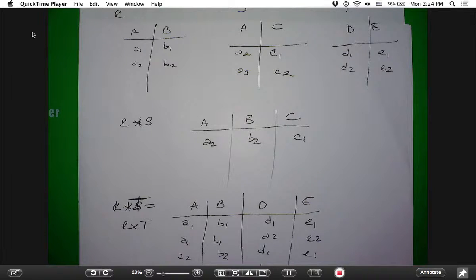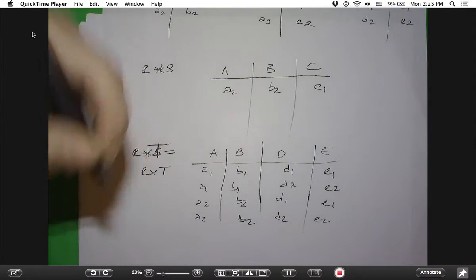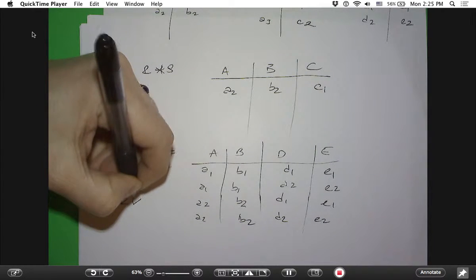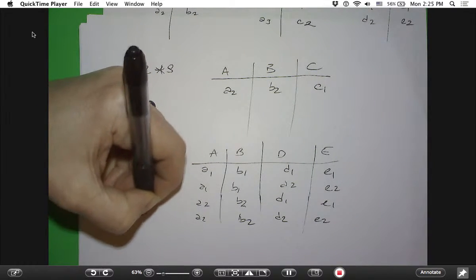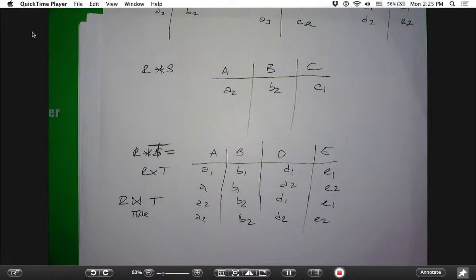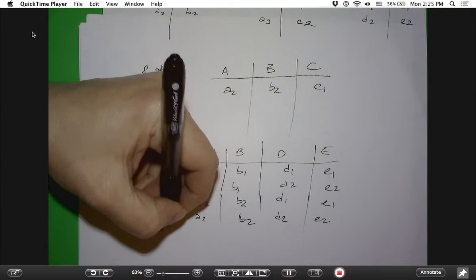So what if I had a theta join of true? My join condition is true. All are welcome. Then I would still get this, right? That would also be the same as a Cartesian product.